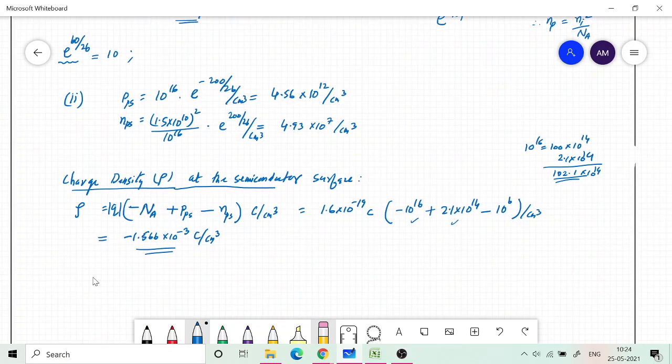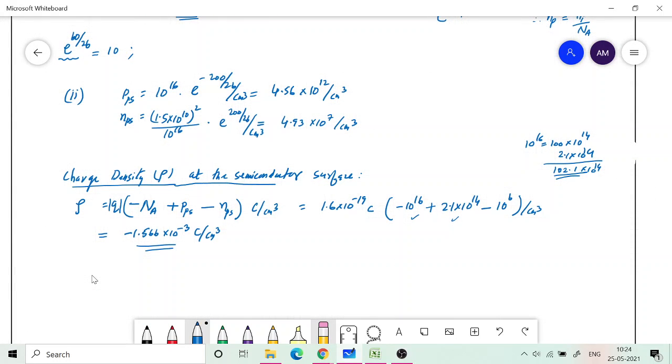Same thing you can do for case 2. So this is for 1, and for 2, same exercise: 1.6 into 10 raised to minus 19 coulomb, multiplying again, this is 10 raised to 16, then you substitute this. This is even closer to 10 raised to 16 in the bracket, and then minus 4.93 into 10 raised to 7 per centimeter cube.